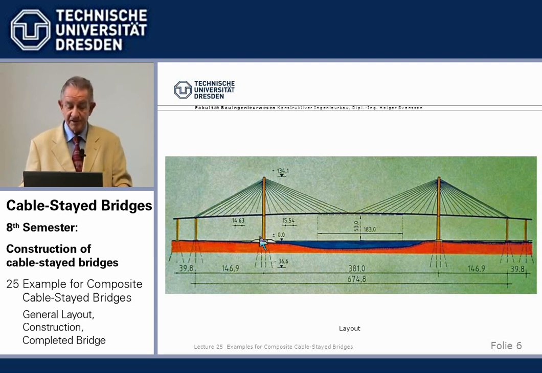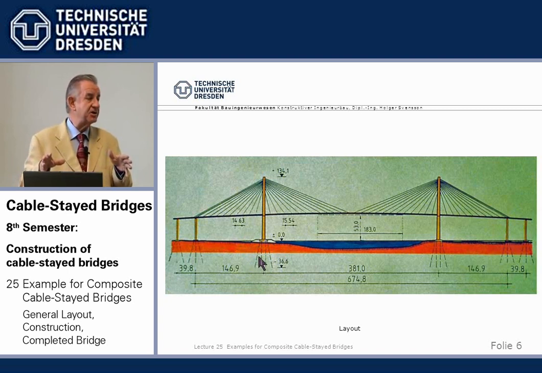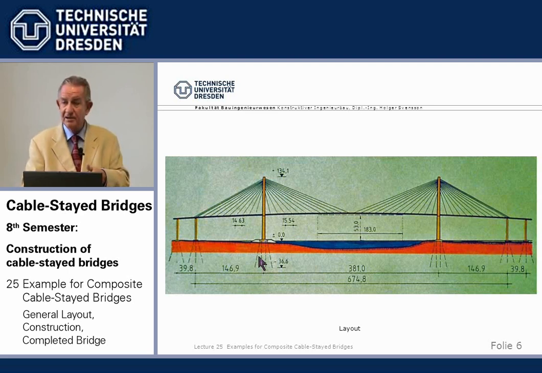And on the other side, in shallow water, we had a protective artificial island around the foundation. So again, if a ship would come in the direction near the tower, it would run into the artificial island.